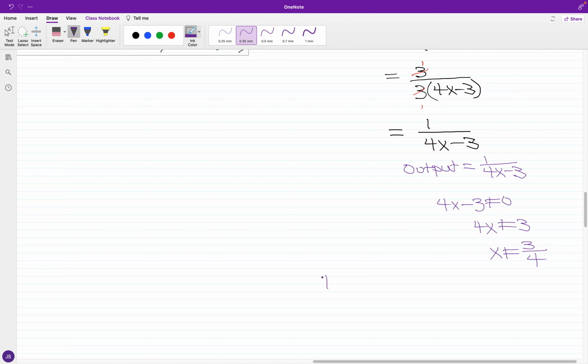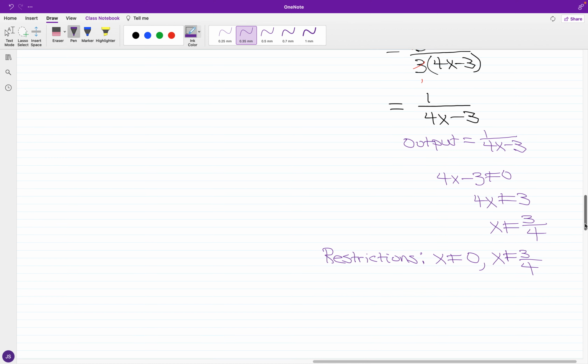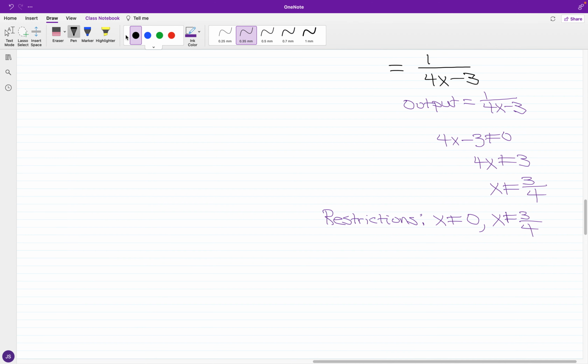So for the restrictions, we have that x cannot be 0, and x cannot be equal to 3/4.